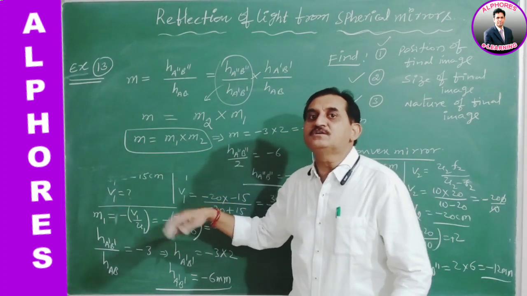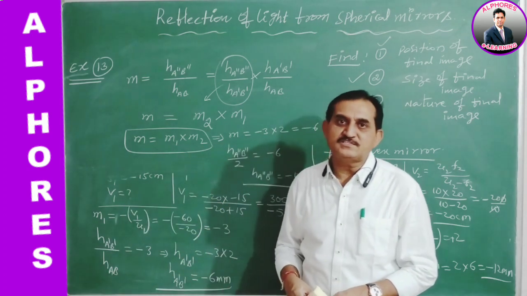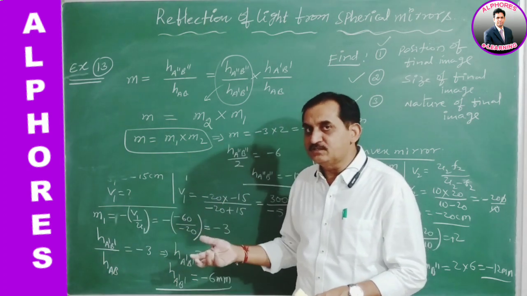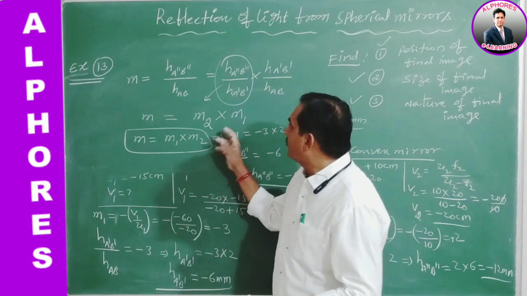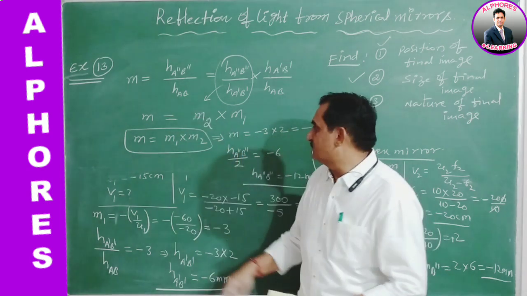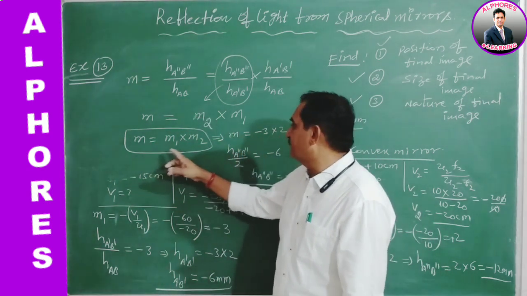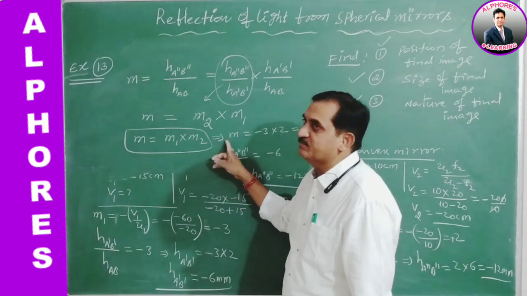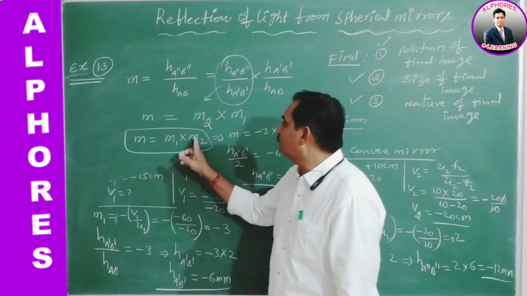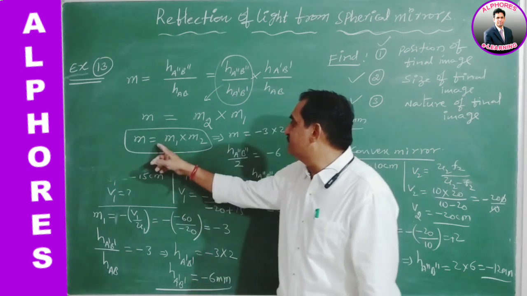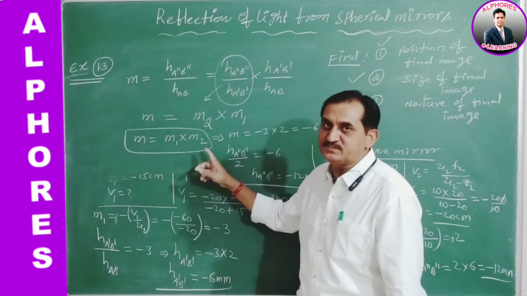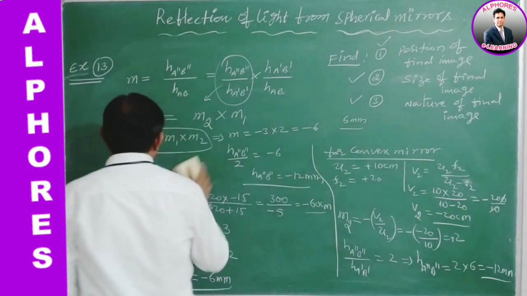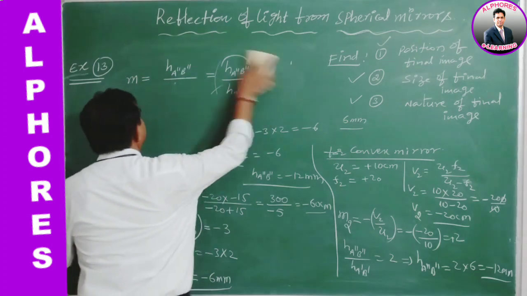Or suppose a third optical instrument is kept in this group of spherical mirrors, then we can take the total magnification as M1 into M2 into M3, like that. So here two mirrors are kept, and M is equal to M1 into M2, which gives the total magnification of the combination. Okay.